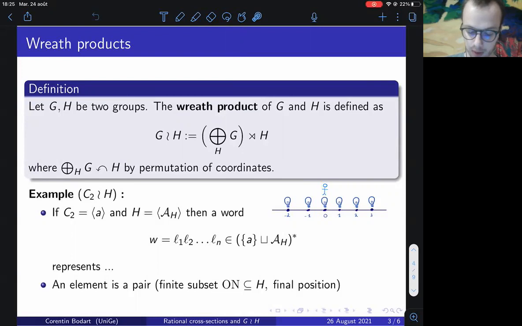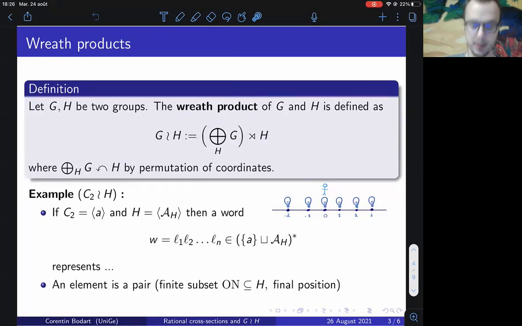When you read your word from left to right, each time you see a letter from H, you tell the guy to move around accordingly. And each time you see the letter a, the generator for the cyclic group here, you tell the guy to switch the state of the lamp on the site he is on, so either on to off or off to on.